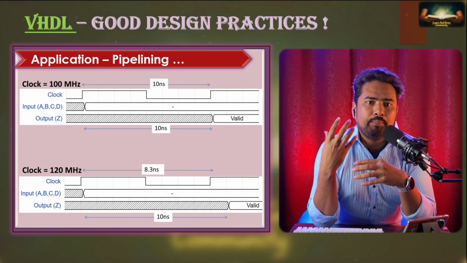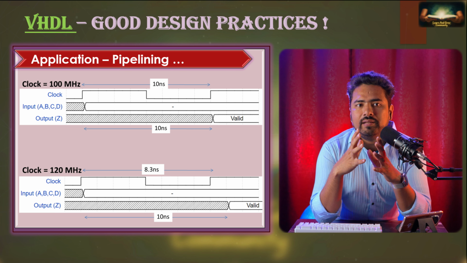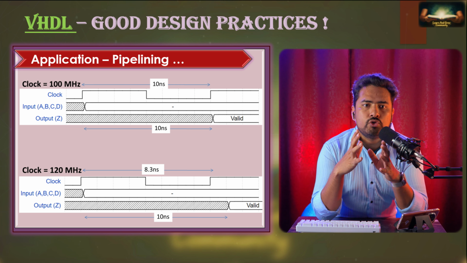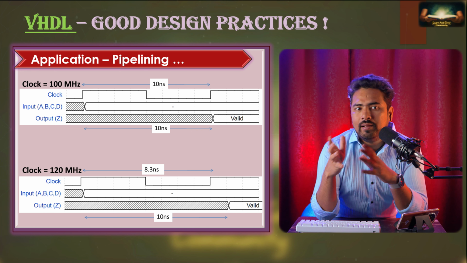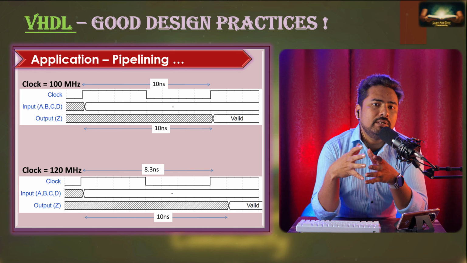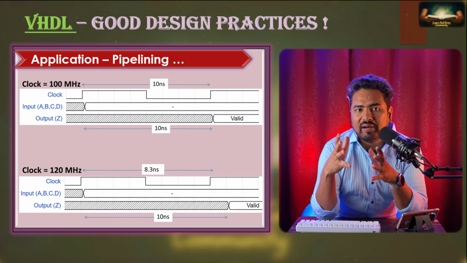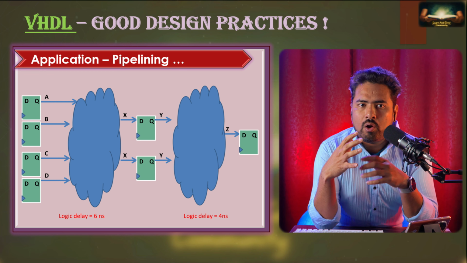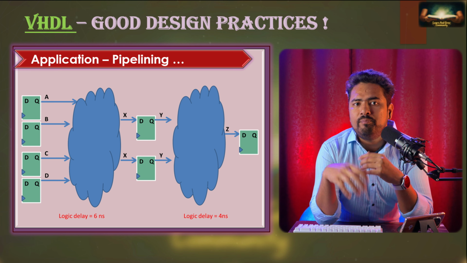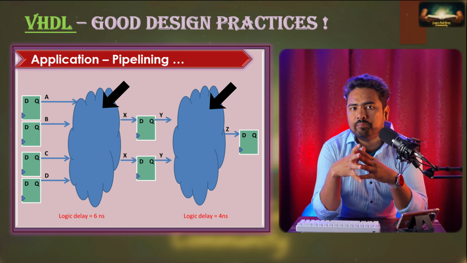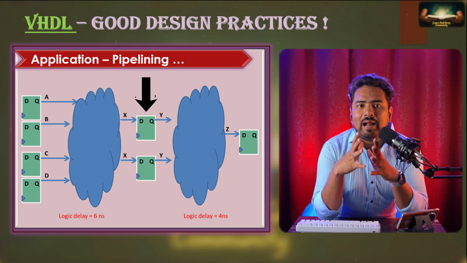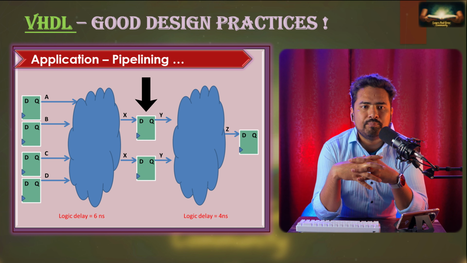Now, by implementing pipelining, we divide the large combinational logic into two or more smaller segments of combinational circuit. This division will help us to manage delay more effectively. What we have done is break down our big circuit structure into two separate designs and insert an additional flip-flop between these two designs or segments.